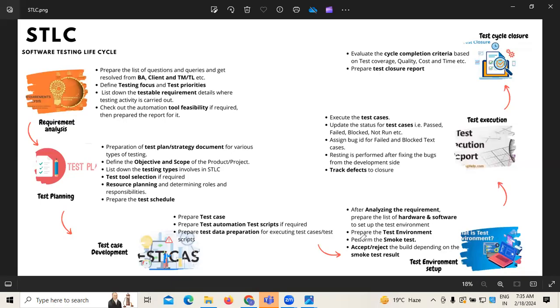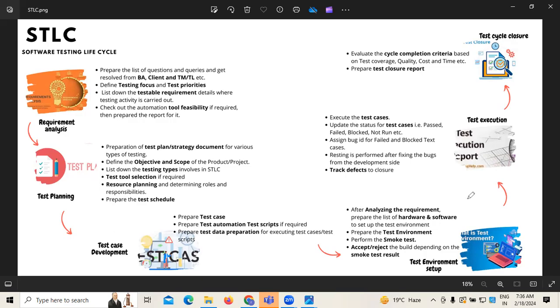Evaluating the environment is what smoke testing does. Generally, smoke testing is performed by the testing team, to make sure the infrastructure they have prepared for testing is right or not.